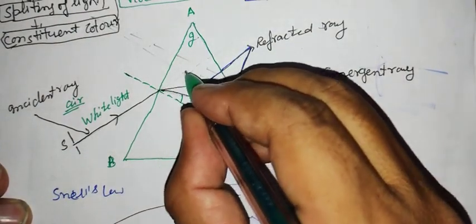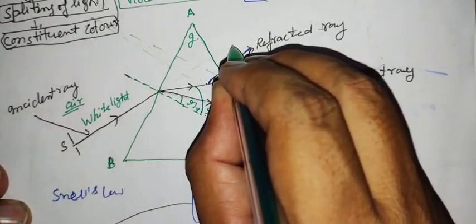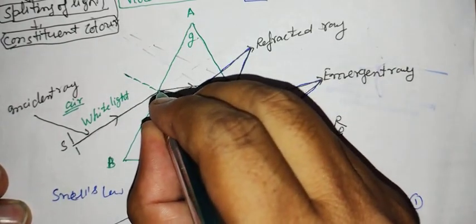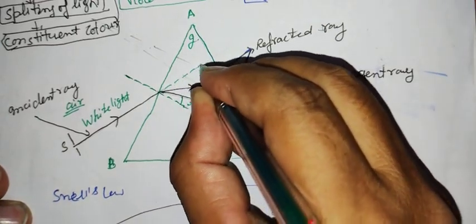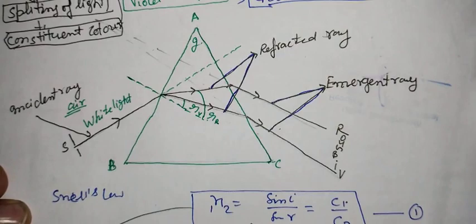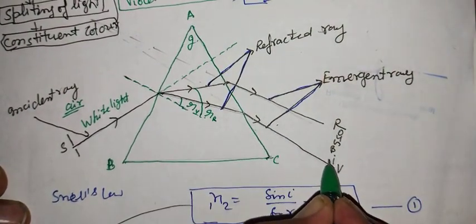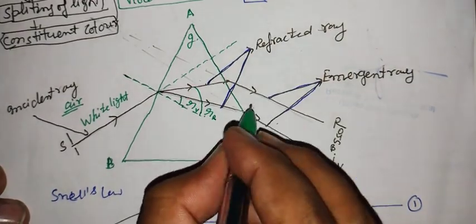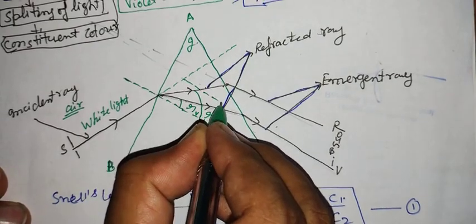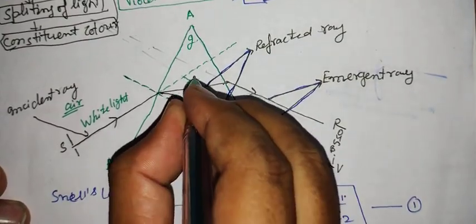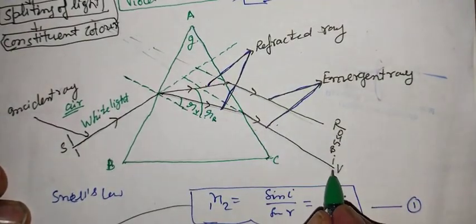See carefully the incident ray. If the prism is not here, this incident ray moves in a straight line in this direction. So we extend the incident ray with a dotted line here, and the emergent ray, when we extend backward, see this is violet.